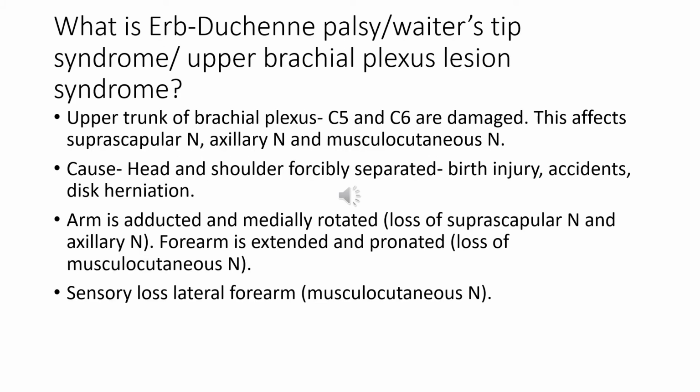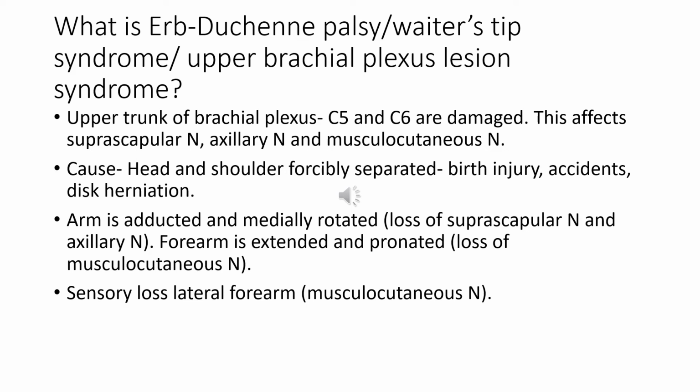What is Erb-Duchenne palsy or Waiter's tip syndrome or upper brachial plexus lesion syndrome? Now, Erb's palsy happens when the upper trunk of the brachial plexus is damaged, or C5-C6 is damaged.